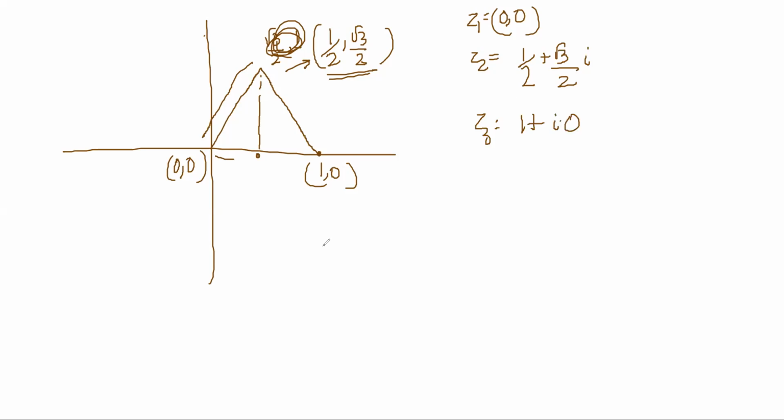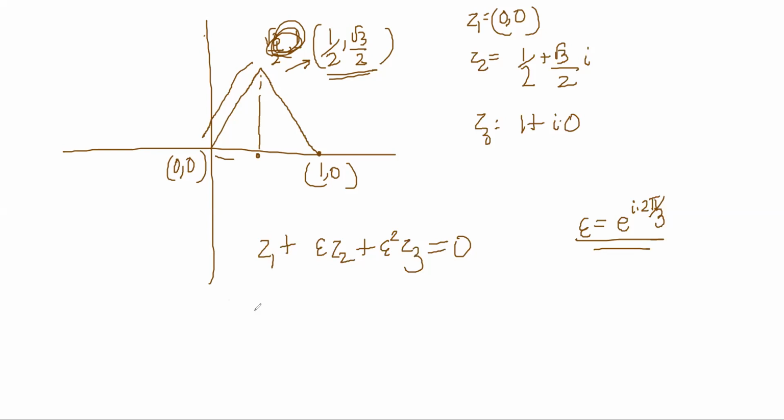Now I will just verify Z1 plus E times Z2 plus E squared Z3. This should be equal to 0, where E is equal to e power i 2 pi by 3, right? So let's just check. Z1 is 0, so that is anyway gone.